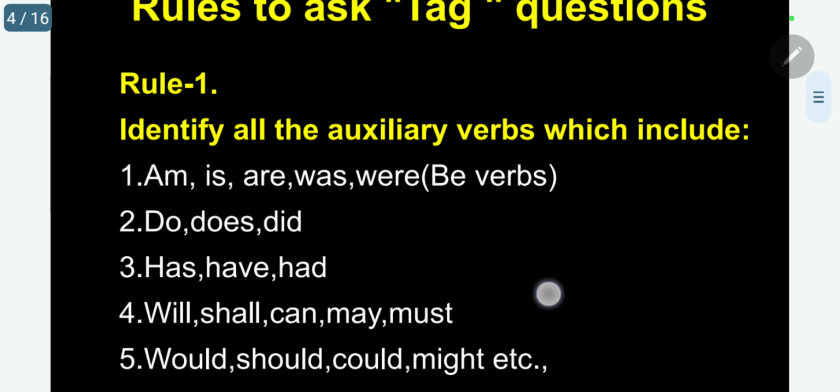Whereas 4 and 5, the secondary auxiliary verbs or modal verbs, will not act as a main verb. They will act only as auxiliary verbs. That is will, shall, can, may, must, present tense, and the corresponding past tense, would, should, could, might, etc. So you must know this before going on to raising questions.